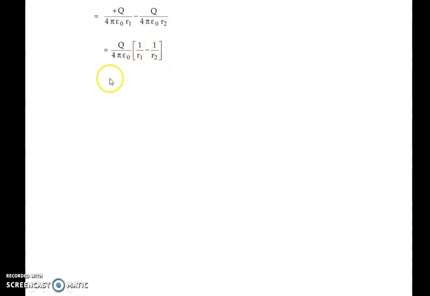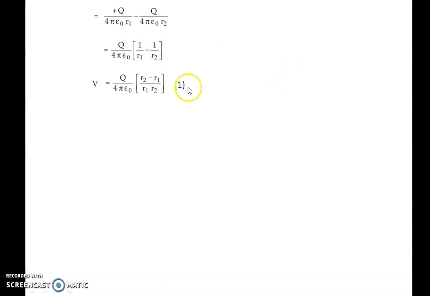If you further simplify this by taking the LCM, you will get Q by 4 pi epsilon naught into (R2 minus R1) divided by R1 R2. This expression will become Q by 4 pi epsilon naught into R2 into (R2 minus R1) divided by R1 R2.